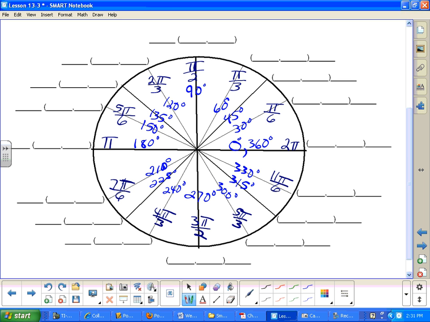Now, the other ones here for radians: we've taken the top half of the circle and we've divided it into 4 pieces. So if I take pi and divide it by 4, what do I get? Pi over 4. So at 45 degrees, I have pi over 4.